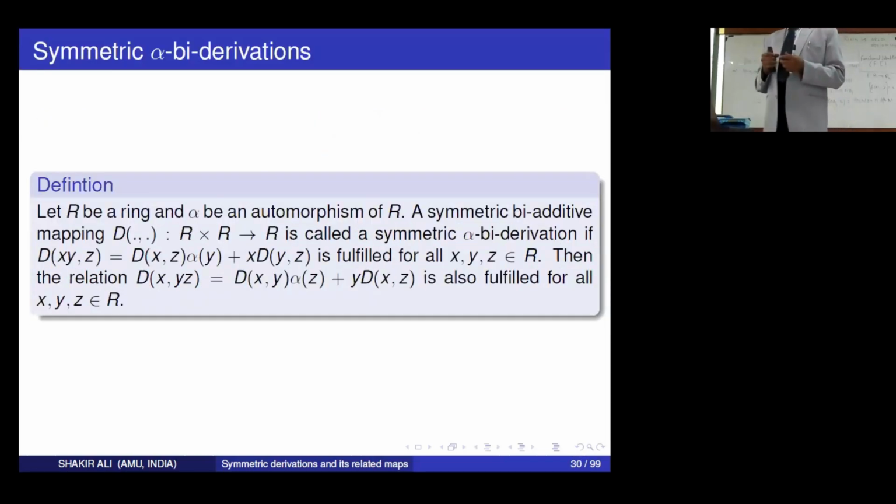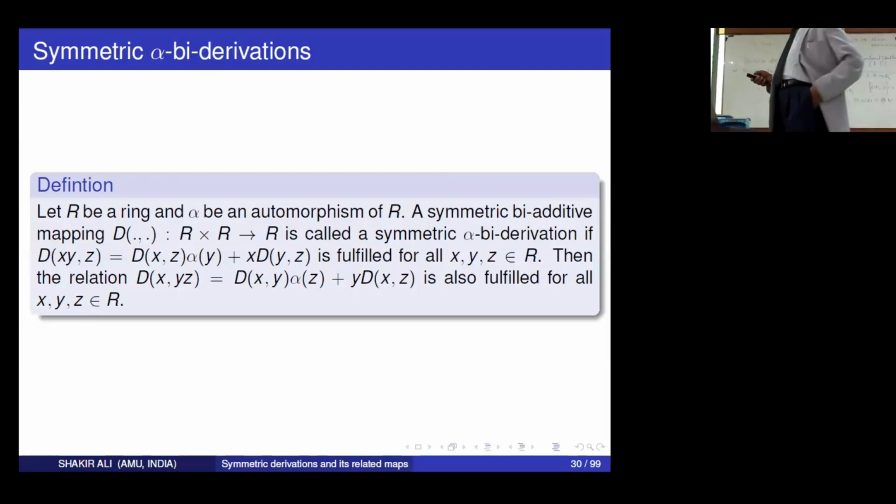Okay, so we are going to make more extensions. The first extension is in terms of the symmetric alpha-biderivation. So let R be a ring, and alpha be an automorphism. A symmetric biadditive mapping from R times R is called a symmetric alpha-biderivation if you look over here, this term is the same. However, here we impose alpha, where alpha is any automorphism, or the identity map.